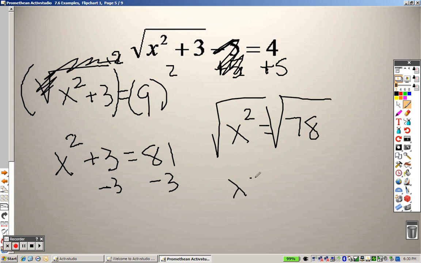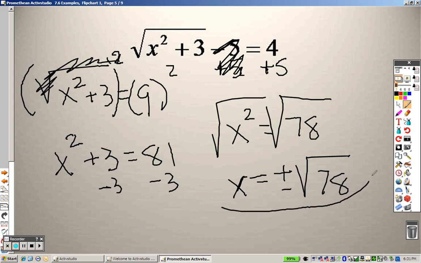So I get x equals plus or minus, because I square rooted it, the square root of 78. I'm trying to see if 78 goes into anything nice and evenly, and it appears as though it does not. So that is as simplified as I can make it.